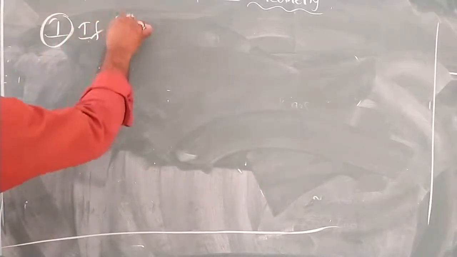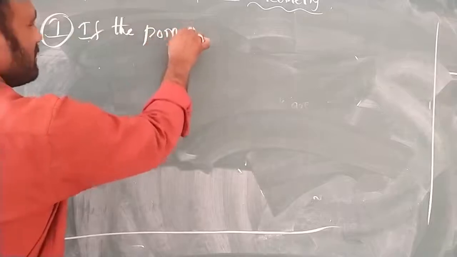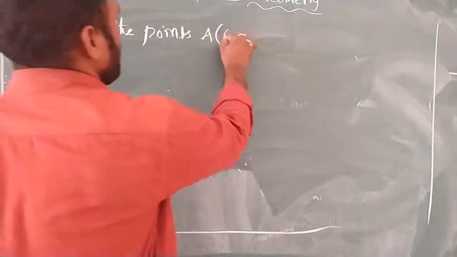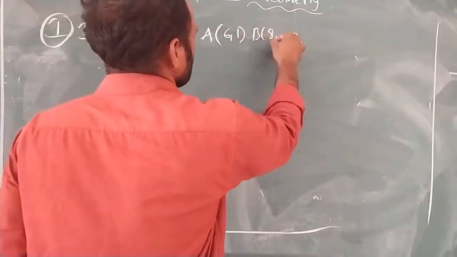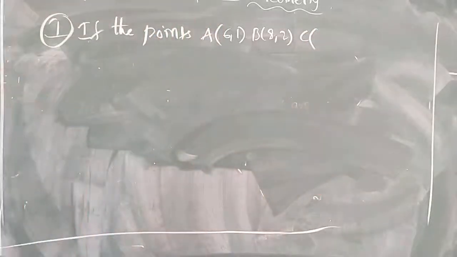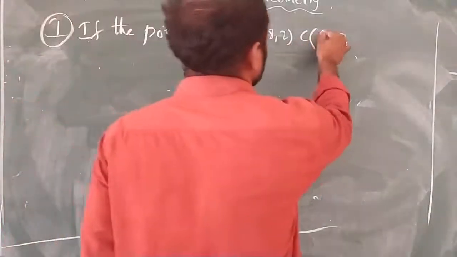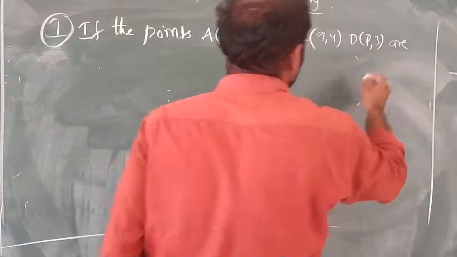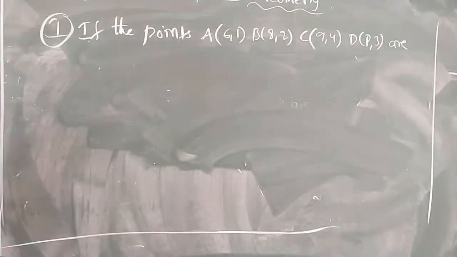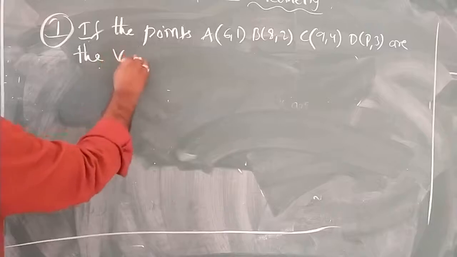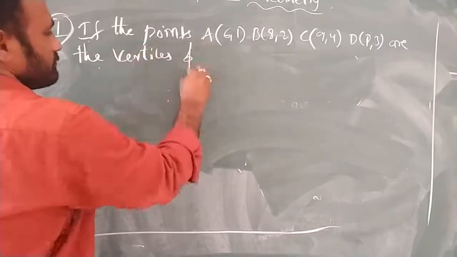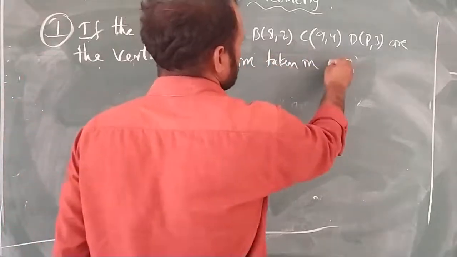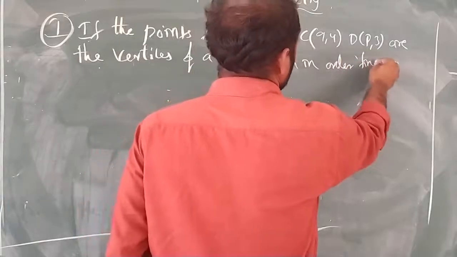If the points A(6, 1), B(8, 2), C(9, 4), D(P, 3) are the vertices of a parallelogram taken in order, we need to find P.